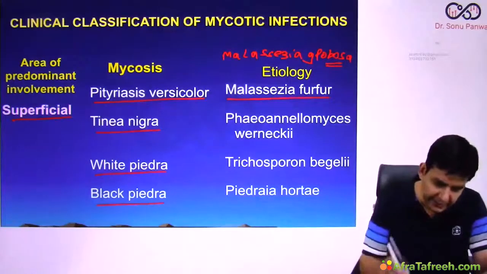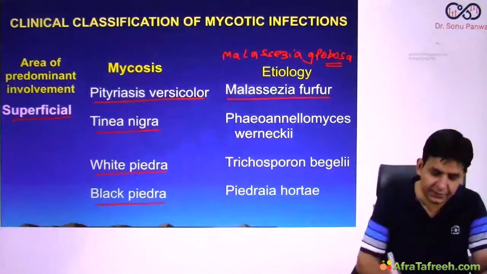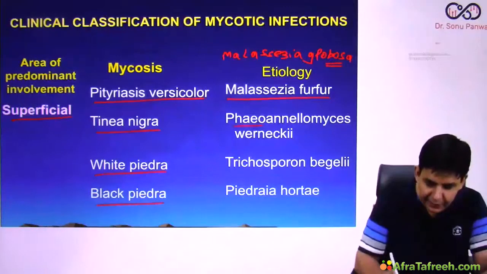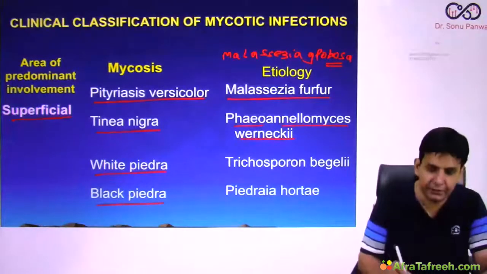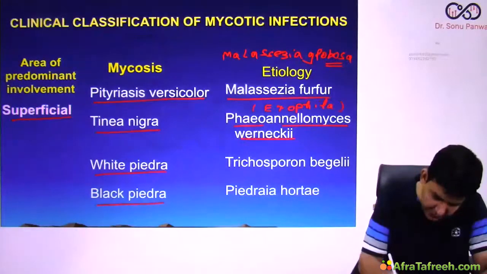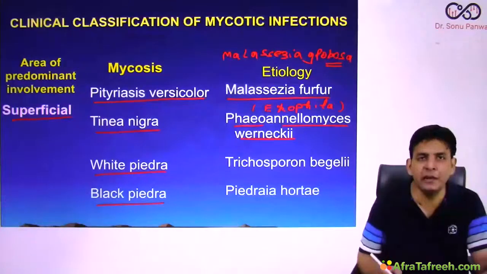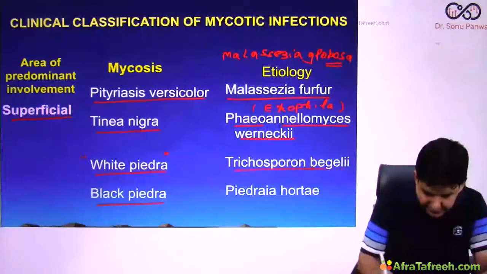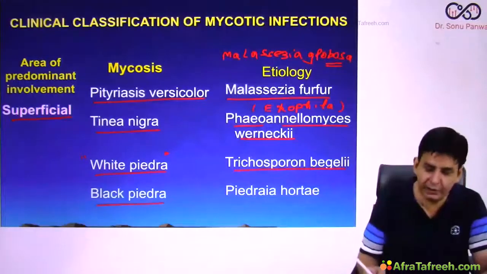So Pityriasis versicolor, a superficial mycosis, is caused by Malassezia furfur. Tinea nigra is Phaeoannellomyces werneckii, also termed Exophiala werneckii.